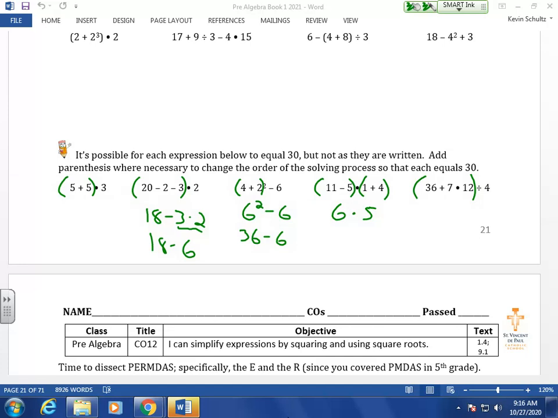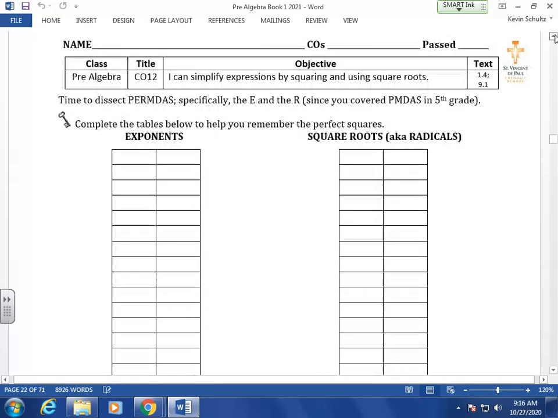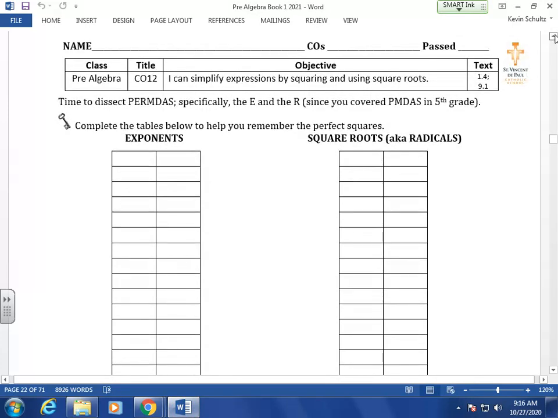All right, onward and forward we go to CO12, where we really get into exponents and roots. You spent grades kindergarten through probably 4th grade just doing addition, subtraction, multiplication, division. Maybe you got some exponents in 5th grade, maybe not.